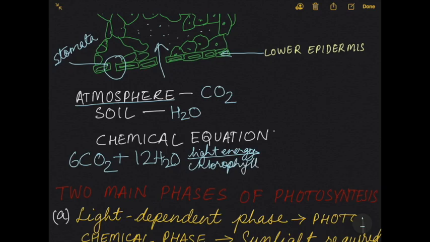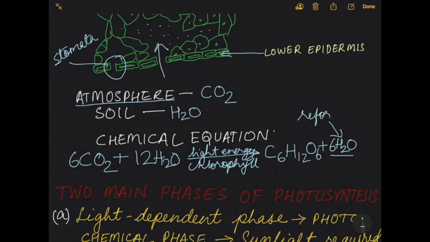Then what is produced? 1 molecule of glucose, plus 6 molecules of water. Now this 6 molecules of water is totally reformed in this process. Don't think that it is left over from these 12 molecules of water. No, it is reformed totally in the process of photosynthesis. And then it gives 6 molecules of oxygen.